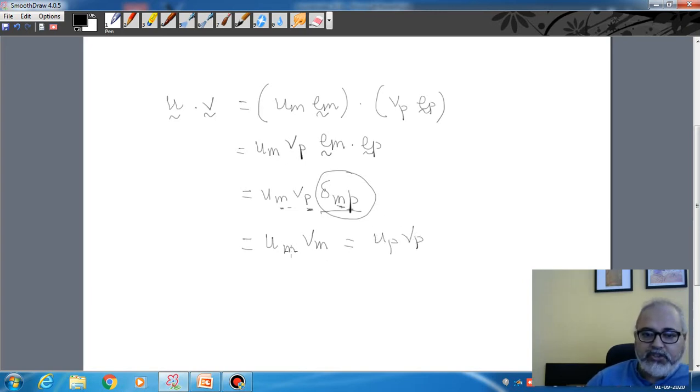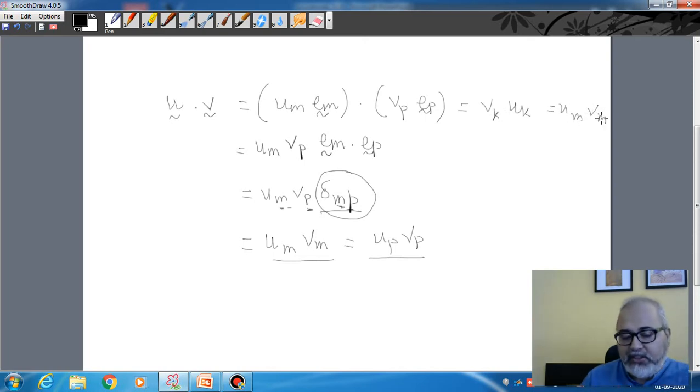In both cases, you see that M is a repeated index, P is also a repeated index. So the meaning of this expression and this expression are exactly the same, which means that U dot V is a scalar given by, let's say, VK UK or UMVM. Both are the same.